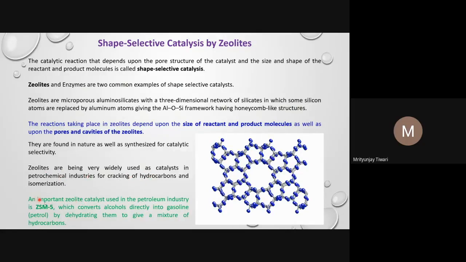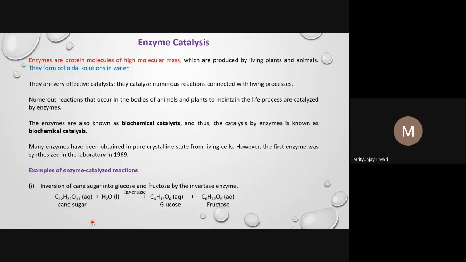One example you can see, an important zeolite catalyst used in the petroleum industry is ZSM-5, which converts alcohol directly into gasoline by dehydrating them to give a mixture of hydrocarbons. And so this ZSM-5 is used as a catalyst in the petrochemical or petroleum industry.